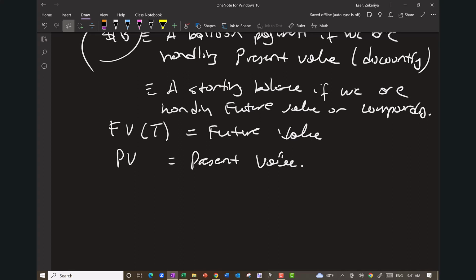Alternatively, if you're doing future value, suppose you wanted to know if you were to save $200 a month for the next 40 years, you're going to earn 8% APR, and your grandma also left you 50 grand. So you're starting with 50 grand, and you're going to add $200 every month on top of it.